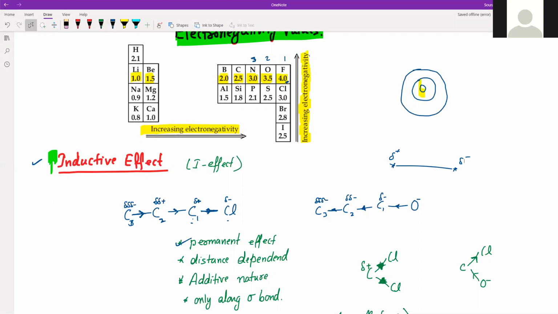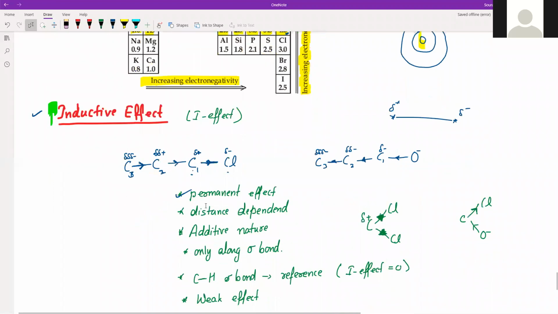Due to this dipole in the sigma bond, electron density in the chain is also shifted and progressively moves into the chain, which we have seen here, because now this carbon is slightly positive as compared to Cl. So the neighboring carbon's bonded electrons will now be shifted towards this carbon C1, and this keeps on happening towards the rest of the chain.